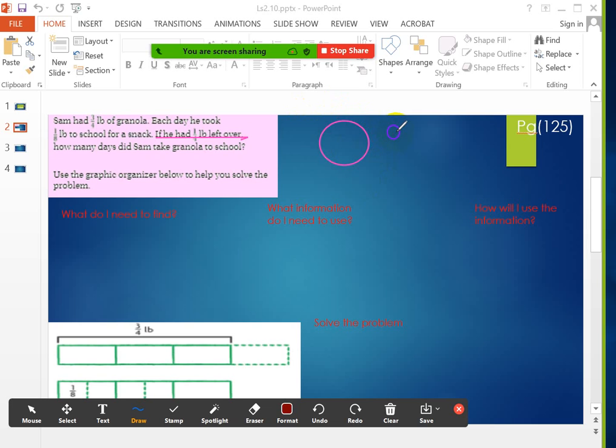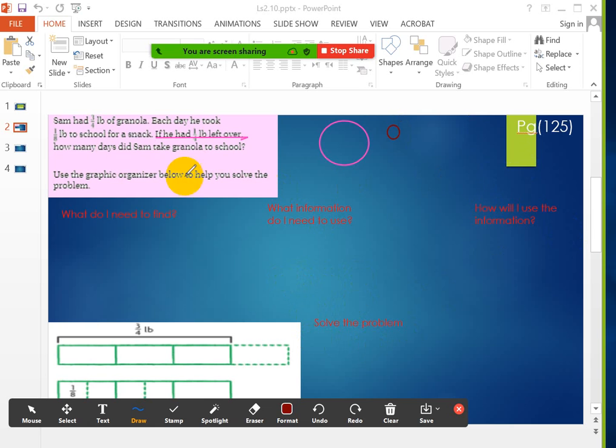So in each problem you have two steps. First thing, how to read the problem. That means how to understand the information in this problem, how to understand the words and convert the words to numbers and operations. Second step, how to solve the problem.